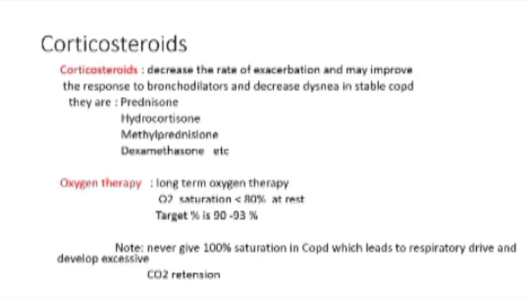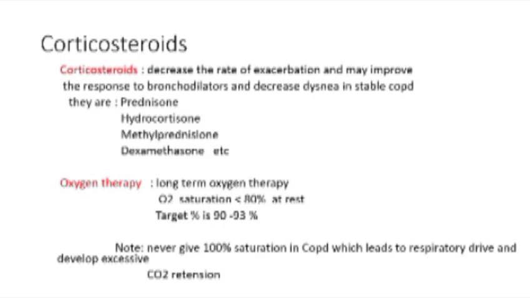Coming to the next treatment, that is oxygen therapy. This is the main therapy which we have to give in the COPD condition, because we have to maintain the oxygen saturation level. In long-term oxygen therapy, O2 saturation should be greater than 80% at rest.